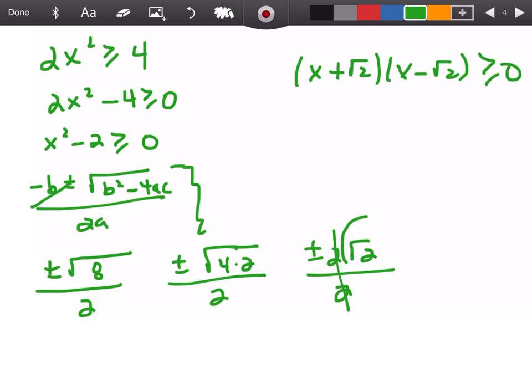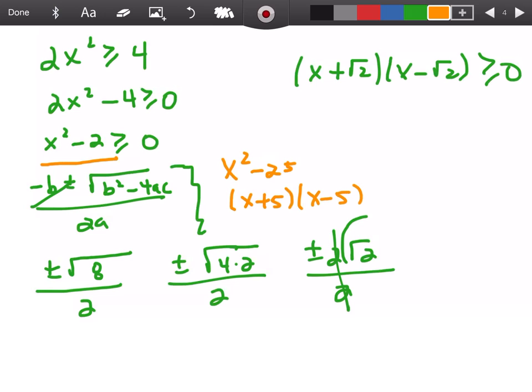So now there's one other way you could, there's a couple other ways. One way you could have done is you could have looked at this and been like, hey, that's the difference between two perfect squares. You don't think of 2 as a perfect square, but isn't the square root of 2, right? Square root of 2 times square root of 2 is going to bring you back to 2. So it's tricky because you're used to seeing it like this, and then you say, oh, that's x plus 5 and x minus 5.